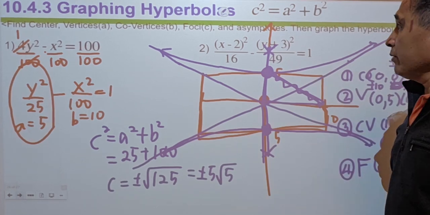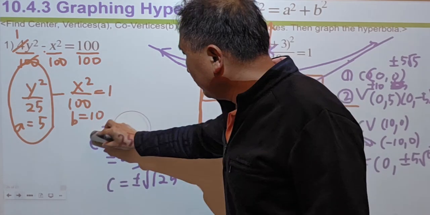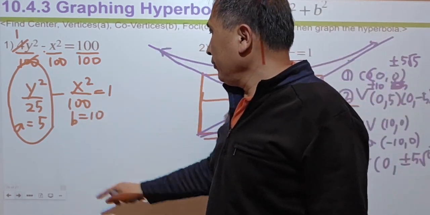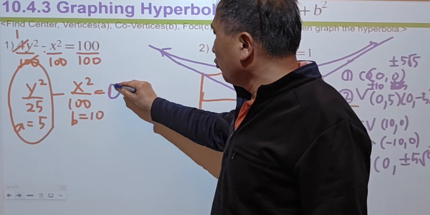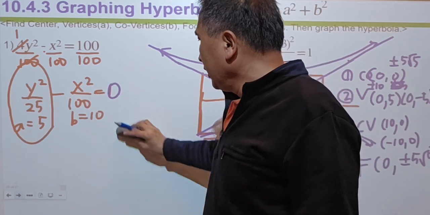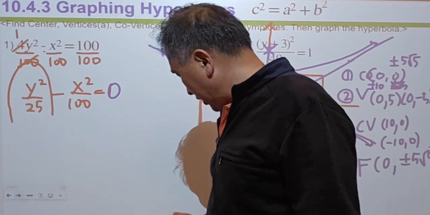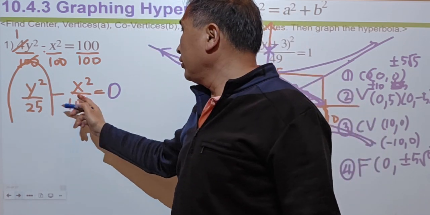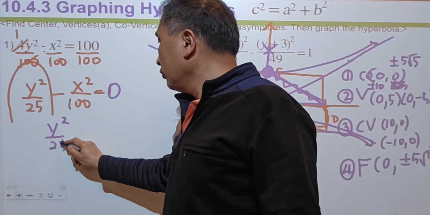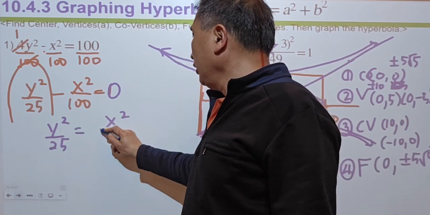And the asymptotes are a little bit different. From here, you make the 1 equal to 0 and solve for y. So you move the 25 to the other side: y squared over 25 equals x squared over 100.